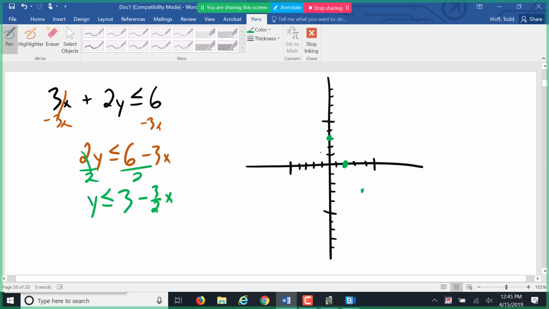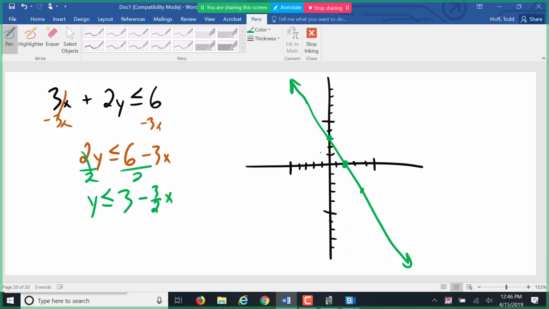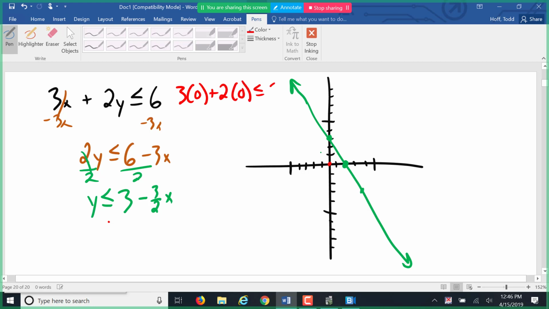Now, since this is an inequality, we have to stop and ask, what type of line are we going to draw? Solid or dashed? Because it's less than or equal to, it is a solid line. Good. We pick a test point, 0, 0. If I put in 0 for x and 0 for y, does it make that true?